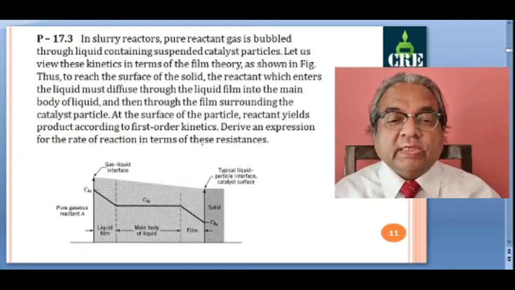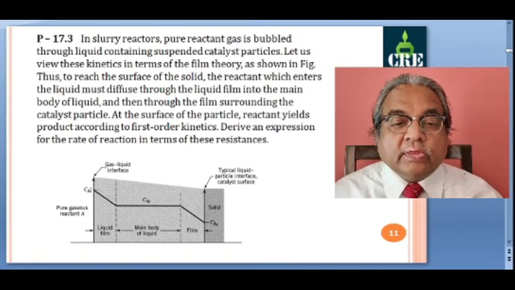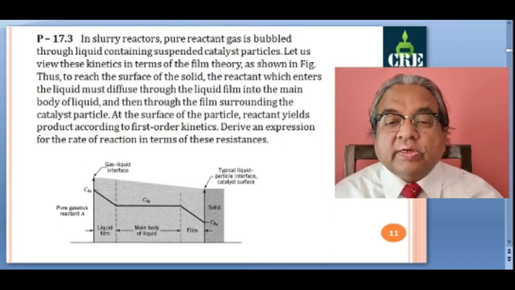So we have to derive an expression for determining the rates. Now here you can see pure gaseous A, it is the gas liquid interface, this is the liquid film. So it will diffuse through this liquid film, overcome this resistance, then in the main body of the liquid no resistance is offered, then just adjacent to this solid surface.